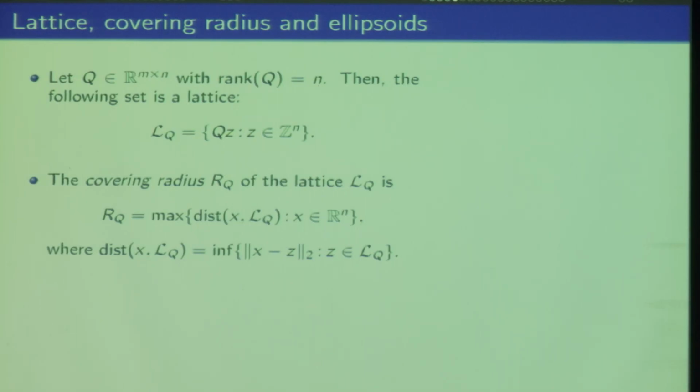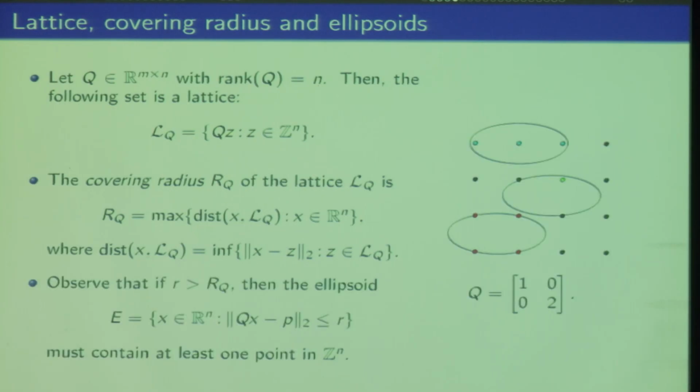I think I have a picture here as follows. You look at a continuous point and then the closest integer point. You quantify the distance, and then you take the worst case. What is the largest distance from a continuous point to the integer point in the worst case?